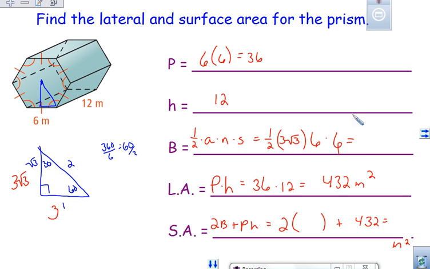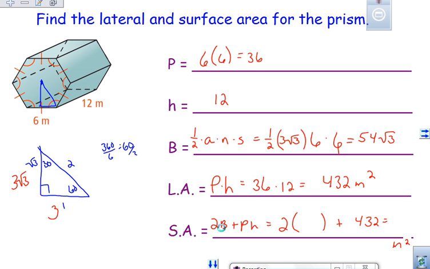So when we multiply to get the area of the base, we get 54 roots of 3. And that is review from last chapter. The lateral area is going to be all the rectangles, so that's the perimeter of the base times the height. Again, perimeter is 36, height is 12, 432 square meters.